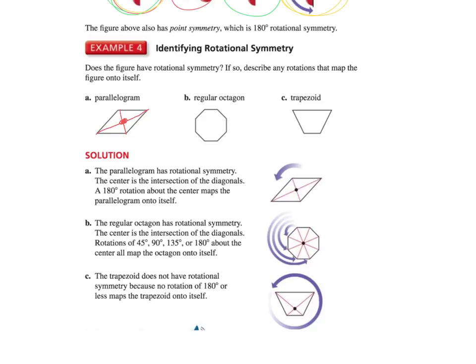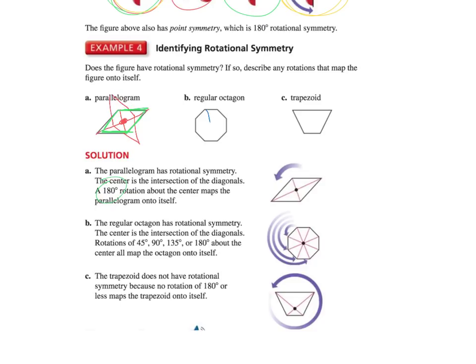If we rotate it 90 degrees, it's going to look something like this. But if we rotate it 180 degrees, it's going to be back lying onto itself. So 180 degrees.